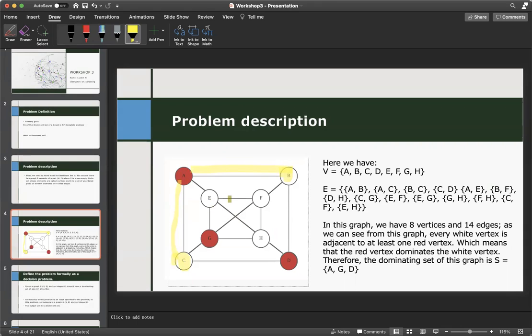And the vertex E and the vertex F and also the vertex H are adjacent to vertex J. So this means the vertex A dominates vertex C and B, and the vertex J dominates vertex E, F, H.